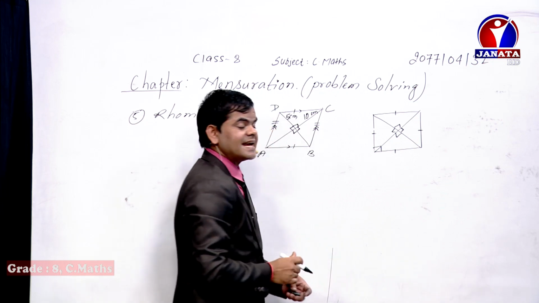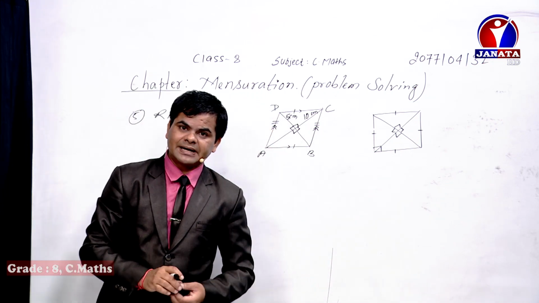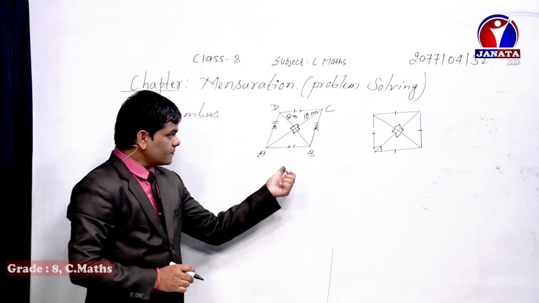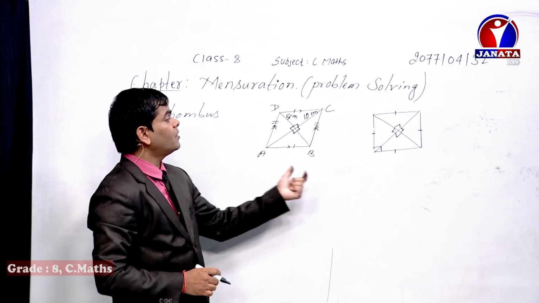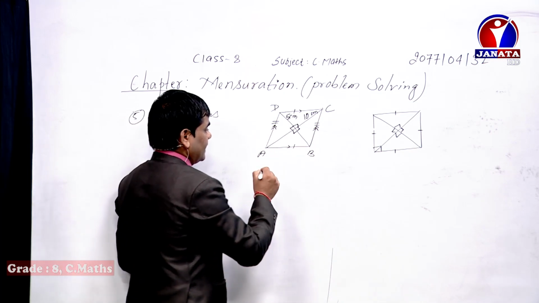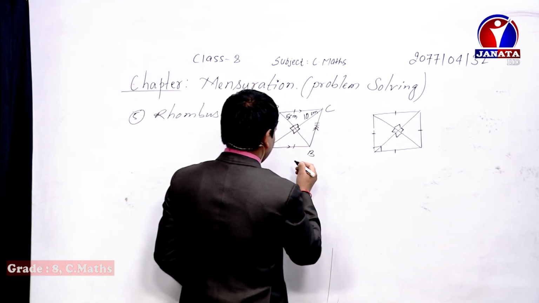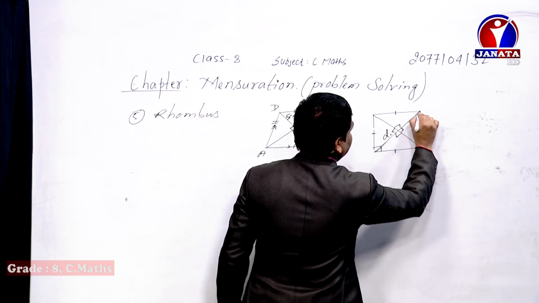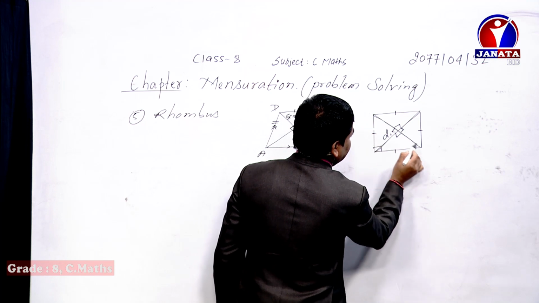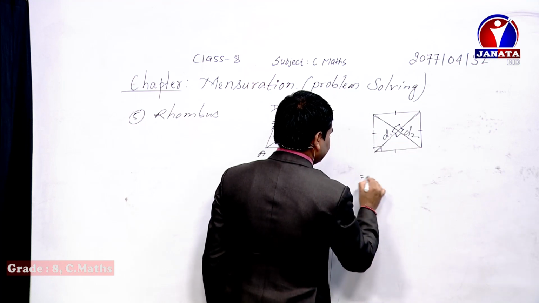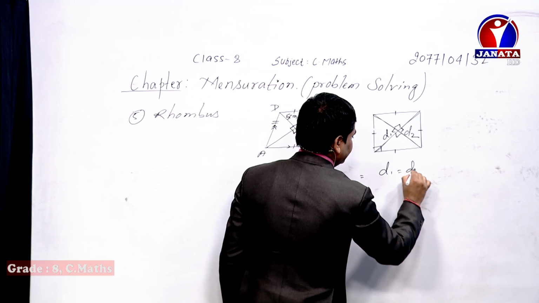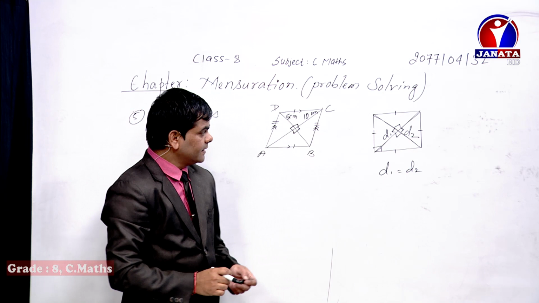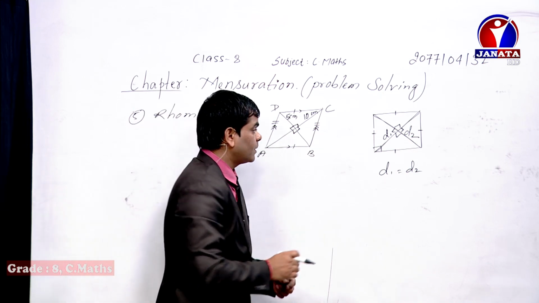But in case of rectangle and other general type of parallelogram, we don't get this characteristic. And in case of square, let's say this one is diagonal first and this one is diagonal second, okay. Then d1 becomes equal to d2 in case of square as well as rectangle.